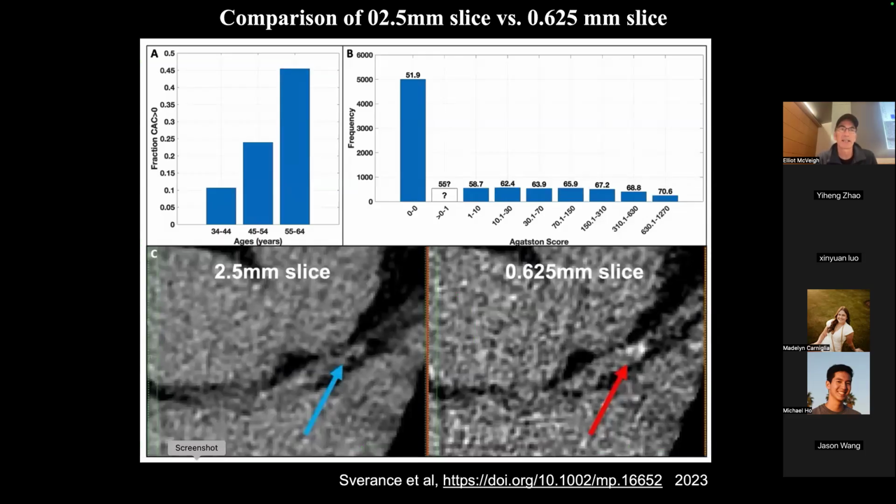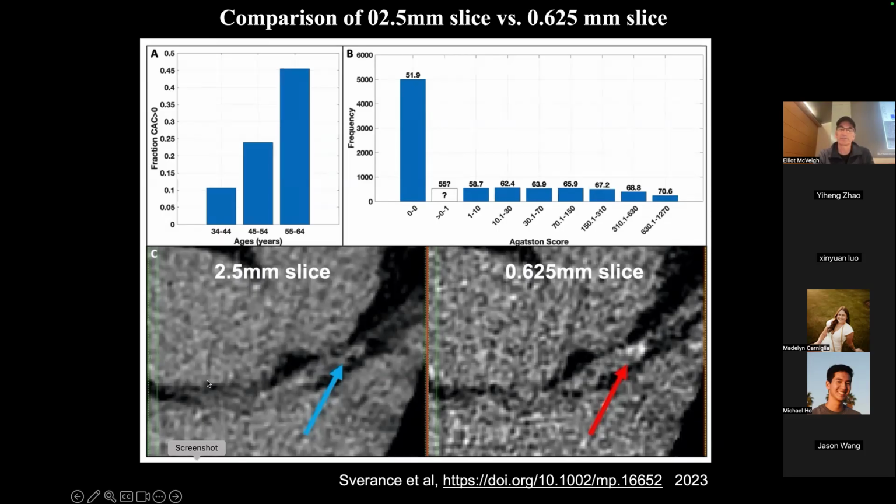calcium scanning right now is that because it was started in the late 70s, early 80s on these specialized scanners, those scanners had a slice thickness of 2.5 millimeters, which in 1981 seemed like a really sharp, small slice, right?